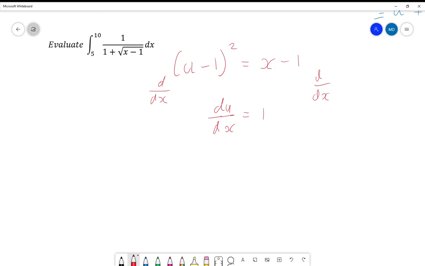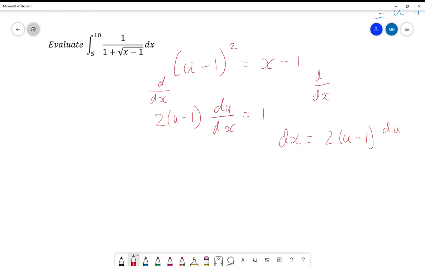And u minus 1 squared, by the chain rule, is going to differentiate to 2 lots of u minus 1. So we've got 2 lots of u minus 1 du by dx equal to 1, and therefore dx is going to be equal to 2 lots of u minus 1 du. Sorry, just du, let's be clear there.